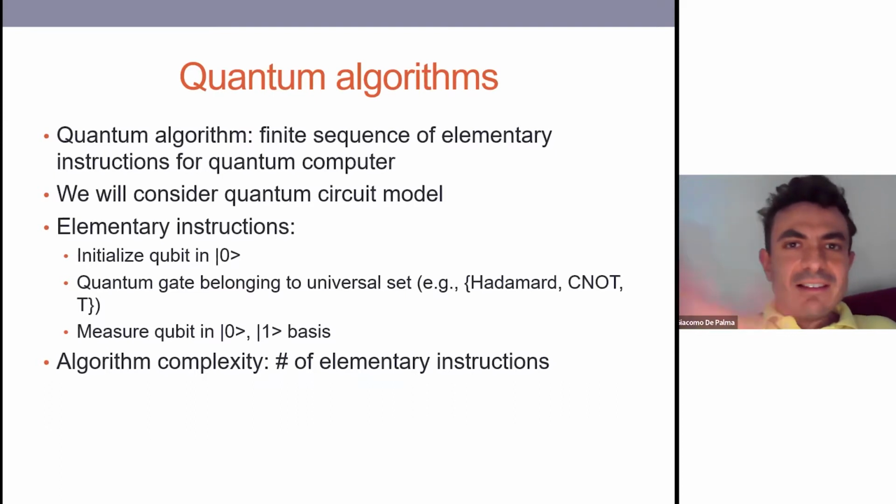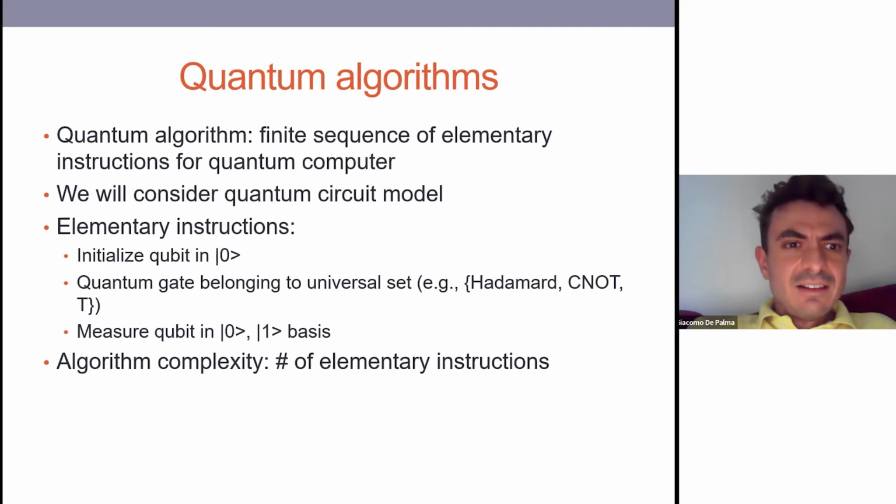In my part of the lecture on quantum algorithms, I will give an overview of some of the main digital quantum algorithms. First, I will present the quantum Fourier transform and quantum phase estimation, and then how they can be applied to solve linear systems of equations in the HHL algorithm.